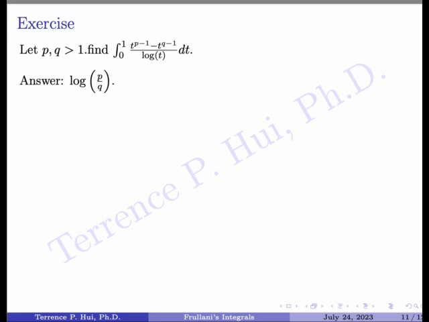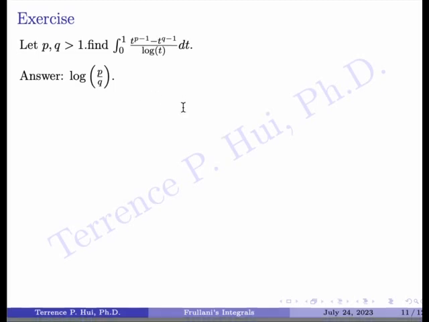I'll leave that to you as an exercise. How do you do that? Once you turn it into Frullani, go ahead and apply the theorem, and your answer should be log of p over q, where p and q are positive constants greater than 1. I'll let you work on that as an exercise if you like.